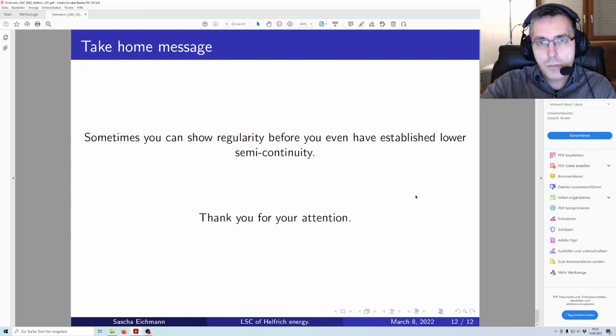By the minimizing property, you can vary your limit a bit, then you get an equation, and then you can do all kinds of stuff. Here, on the other hand, we've shown regularity even before we had lower semi-continuity. Sometimes this is possible and necessary to do.